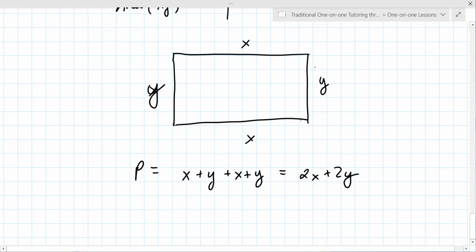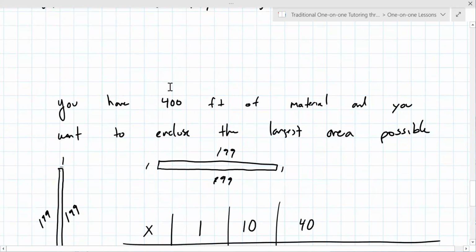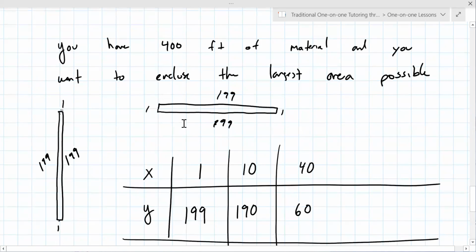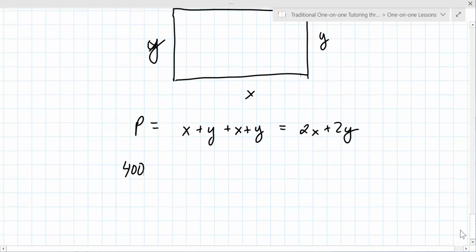Did you see this in class, this idea of perimeter? Yes. Okay, great. So the perimeter is 400. They're telling you in this problem, they're saying you have 400 feet of material. They're telling you the perimeter is 400.